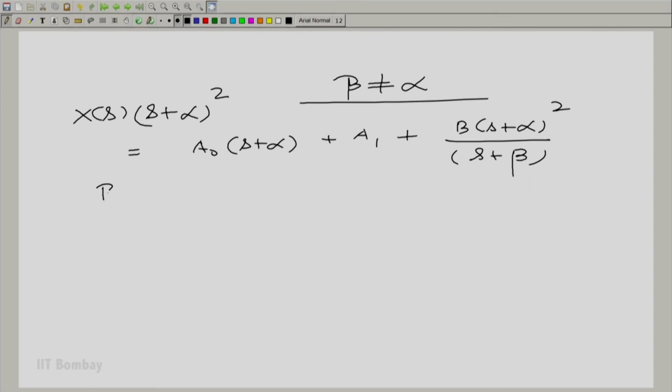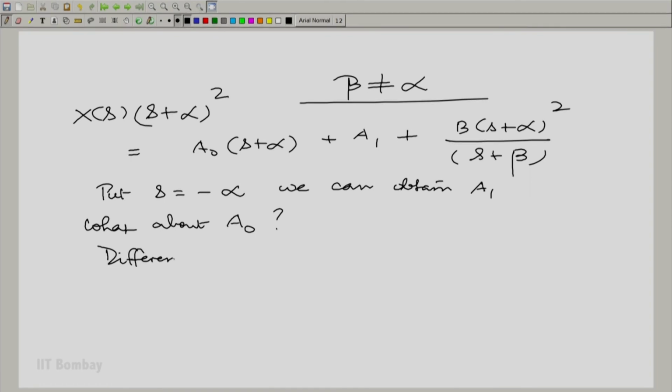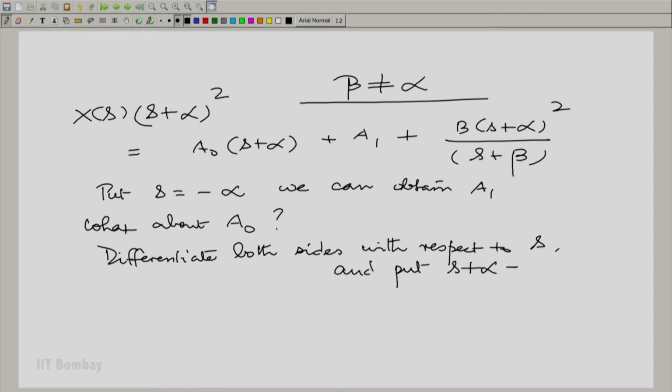Now, of course, if we put s equal to minus alpha, we can obtain a1. What about a0? For a0, we will need to differentiate. Now, you differentiate both sides with respect to s and then put s equal to minus alpha, that is, s plus alpha equal to 0.